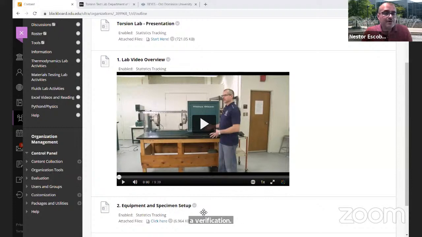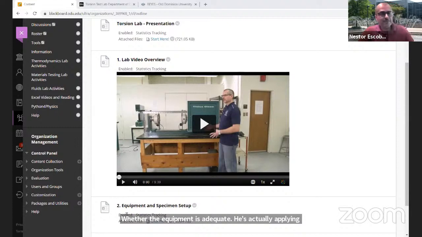It's called verification or calibration of testing, which is one of the experiments where we essentially test whether the equipment is adequate, is actually applying the loads that it says it is applying, and whether the equipment is measuring the deflections that it is measuring.